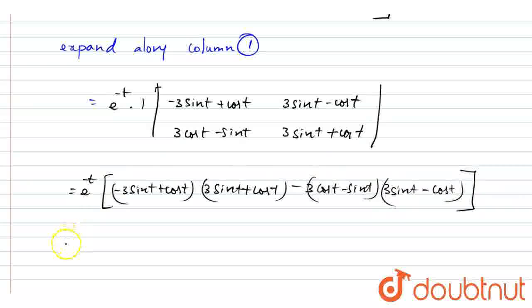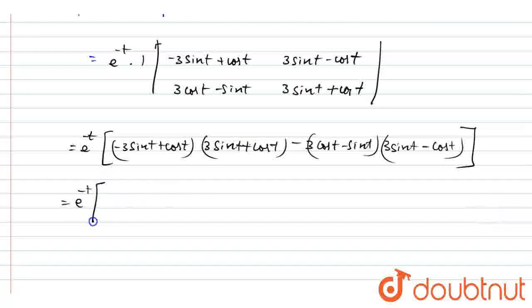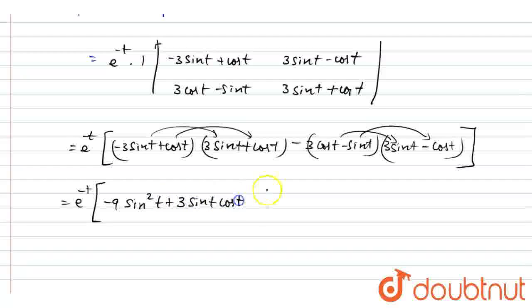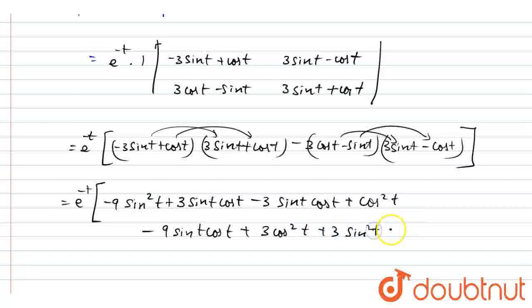Okay students, now I am going to multiply this one, so e power minus t, I am going to multiply this one, so we will get minus 9 sin square t, because I am going to multiply with each individual term like this, so we will get minus sin square t plus 3 sin t cos t minus 3 sin t cos t plus cos square t, and then minus this, minus will come here, so 9 sin t cos t plus 3 cos square t plus 3 sin square t minus sin t cos t.